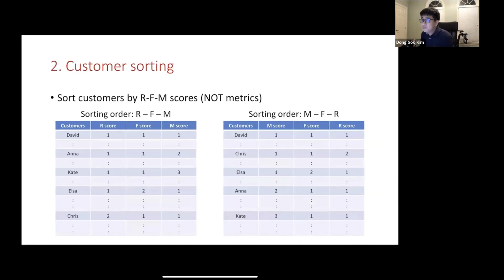The next step of RFM analysis is to sort the customers by the RFM scores. The sorting result entirely depends on the sorting order. For example, the left table shows the result of sorting by recency score first, frequency score next, and monetary value score last. The best customer in all scores is David, followed by Anna, Kate, Elsa, and Chris.